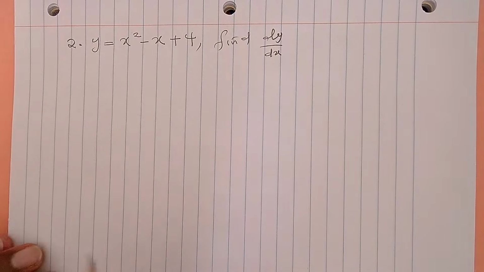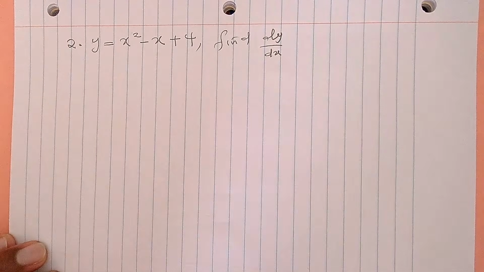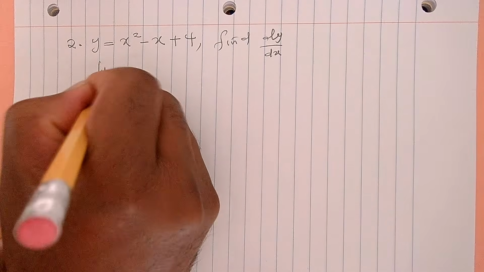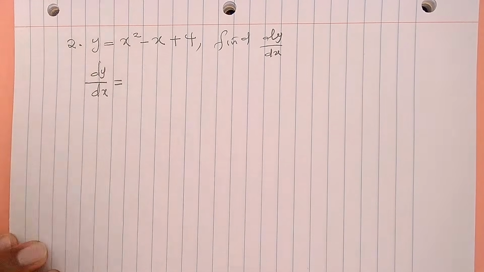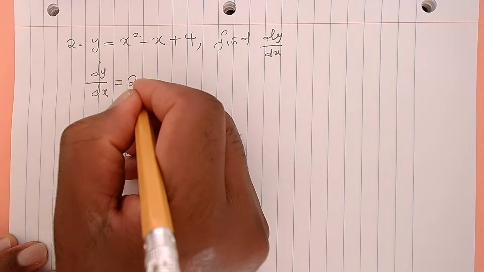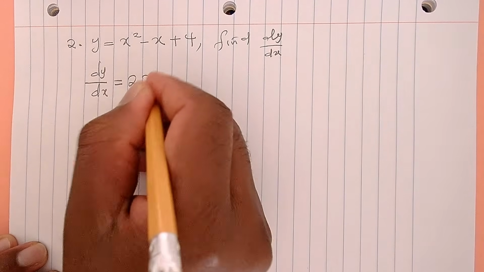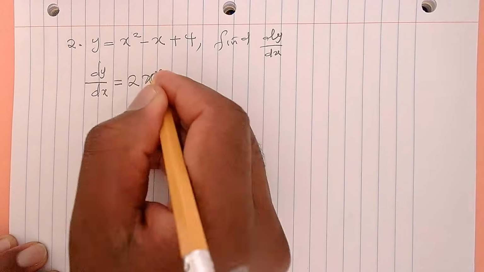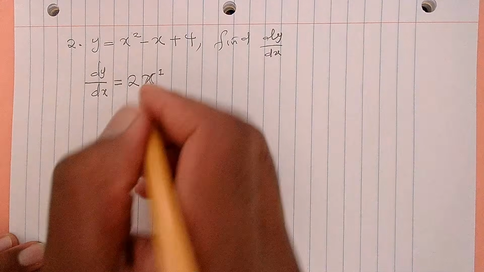Okay, let us do this one quickly because now we already know how to do it. The derivative of y with respect to x is equal to, remember here the 2, we drop the 2, then x, we subtract 1 from 2, that is just the power 1. I'll write it anyway to show exactly what I'm saying.